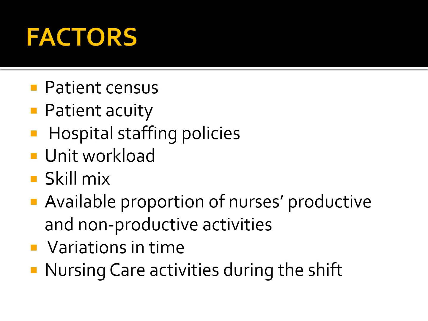These factors are patient census, that is the number of patients in the unit; patient acuity, that is the level of dependency or seriousness of patient illness; hospital staffing policies; the unit workload; the skill mix, that is the category of personnel required to work in the unit; available proportion of nurses, productive and non-productive activities, that is the number of nursing and non-nursing activities to be performed by the nurses; then variation in time, that is the number of shifts, whether it is 2 shift, 3 shift or 4 shift; then the nursing care activities that are performed in the unit during a particular shift.